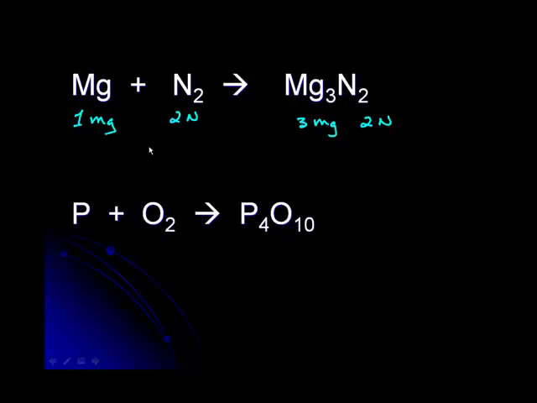On the right-hand side, I've got 3. On the left-hand side, I only have 1. So the only thing I can do is put a big number in front, which would be a 3. So that would give me 3 magnesiums, and so 3 magnesiums, 2 nitrogens, 2 nitrogens. This one is now balanced.